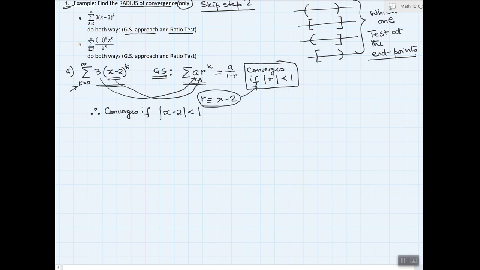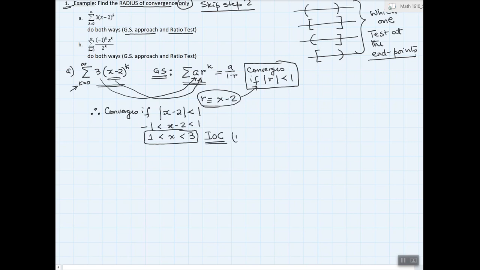From algebra, this means x minus 2 is between negative 1 and 1. Add 2 on both sides and you get x is between 1 and 3. So this is my interval of convergence.